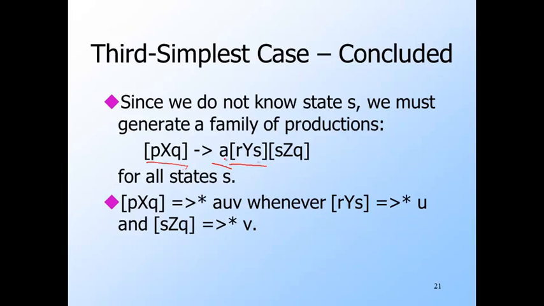So that's why there's one production for each s. And then [sZq] to effectively pop the Z. We finally wind up in state q, which is the state that we wanted to wind up in because that's the state that appears in the head. As a result of this production, you can see that [pXq] can derive any string auv provided that [rYs] derives the u and [sZq] derives the v.